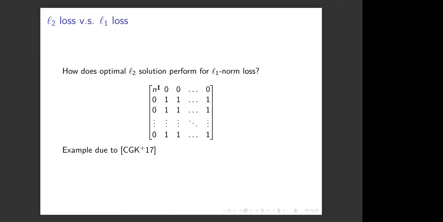Here, intuitively, you should think of this row as being an outlier and the rest being sort of the standard entries of the matrix. So what is the optimal rank 1 solution? Well, in the L2 norm, it'll just consist of this top row. While in the L1 norm, it'll just consist of these rows with this entry zeroed out.